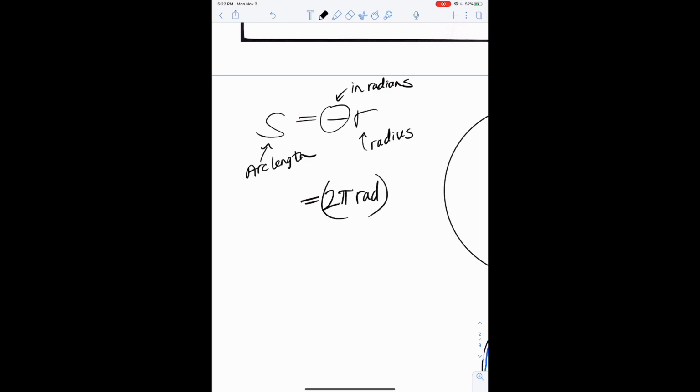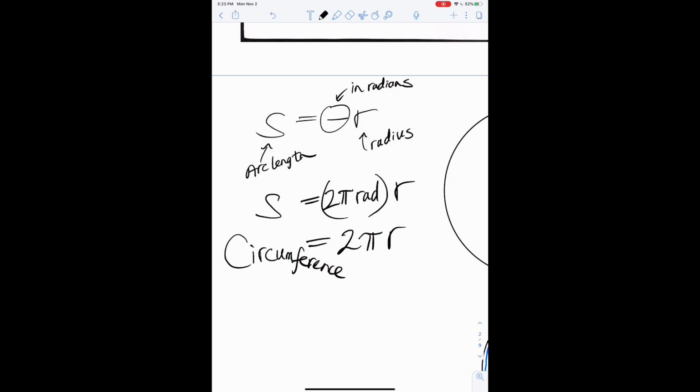You're going to multiply this by the radius, and you're going to get the distance all the way around the circle, which has another name other than s. What would that be? Well, let's look at the other side. 2 pi times the radius. That should look familiar because that is the formula for the distance all the way around the circle, which is the circumference.